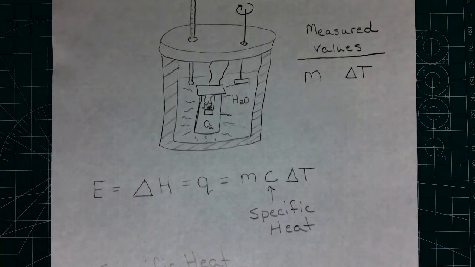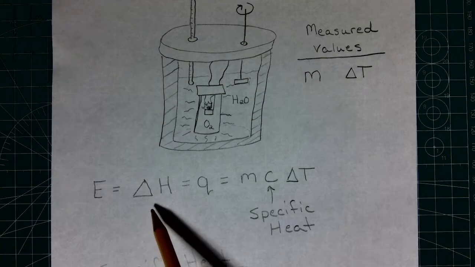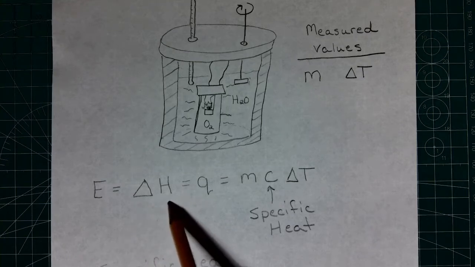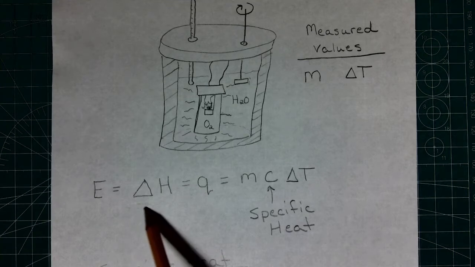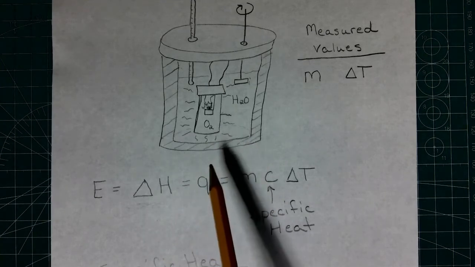Now what happens is we have an equation for the energy that gets released. This energy that's released, which in this setup is equal to a thermodynamic quantity that I just want to introduce to you guys here, called the change in enthalpy, right? So it's a change of enthalpy for the reaction of burning.